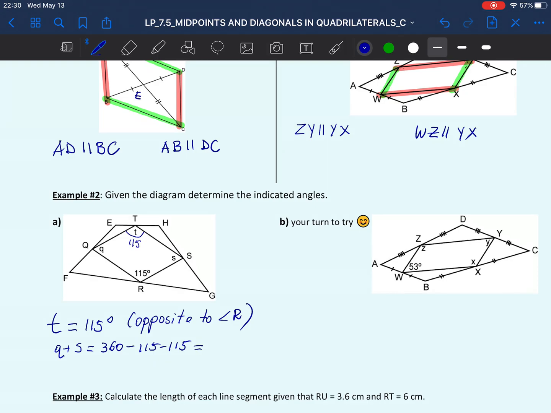And that will leave Q plus S equal to 130 degrees. Now angles Q and S are equal to each other because they are opposite angles in a parallelogram. So each of them would be equal to 130 divided by 2, so angles Q and S each equal 65 degrees.